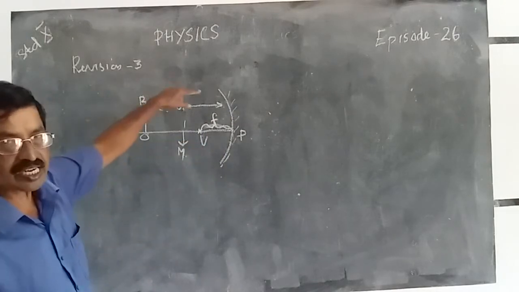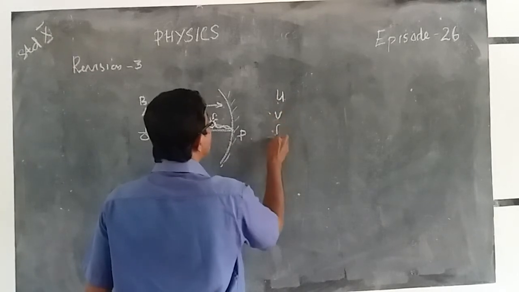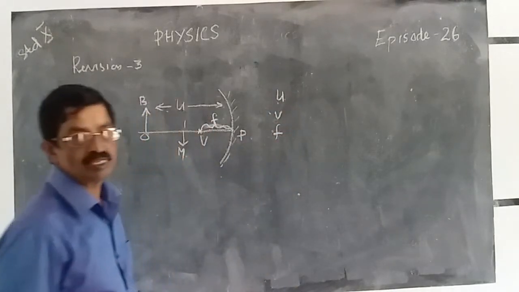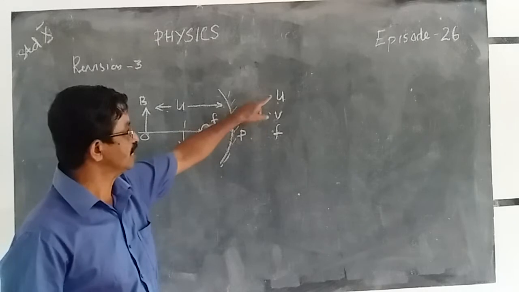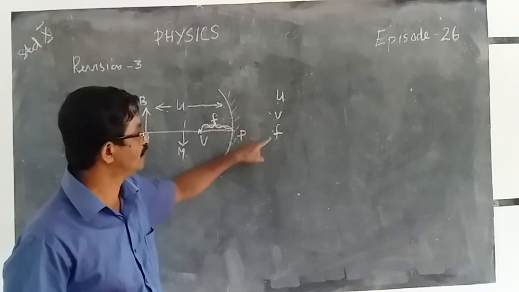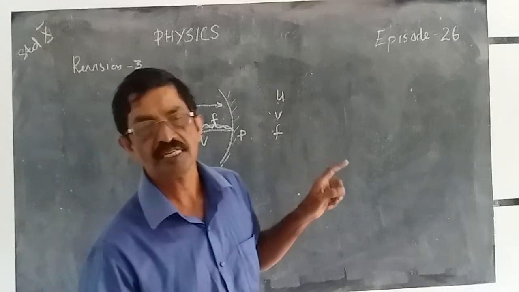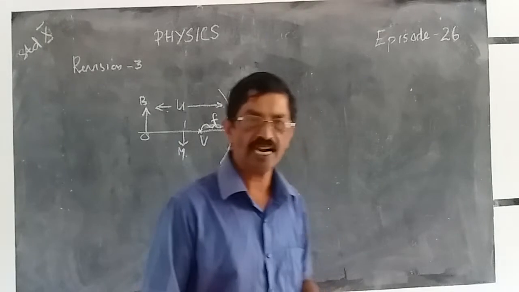A relation connects this u, v and f, a relation connecting the object distance, image distance and focal length. What is the name of that relation?